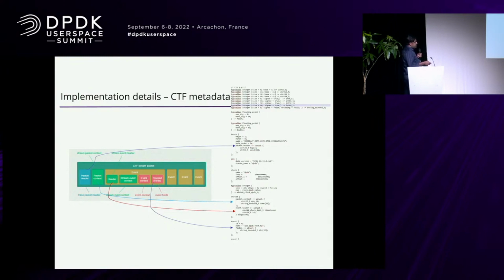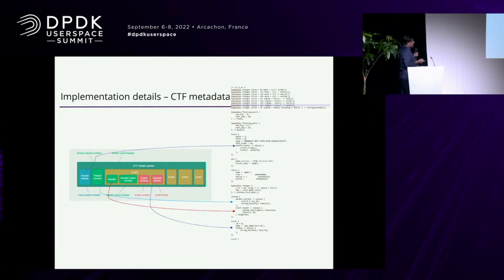This is the syntax used by CTF. So remember the first example where we were just registering an app string, right? It will be translated to this kind of a string so that viewers can understand. So eventually this file will have all the events and each will have an ID, okay?